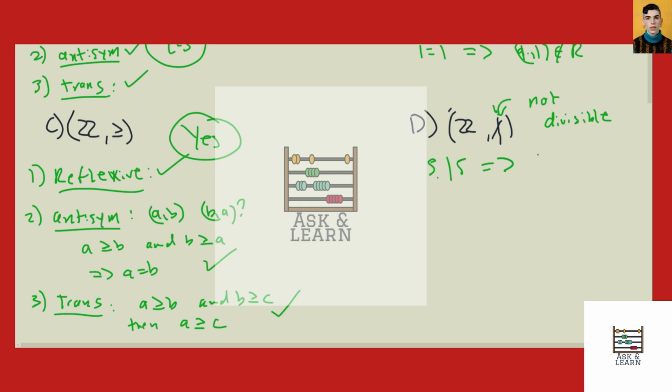So that implies that (5, 5) is not an element of R. So this fails for reflexive.